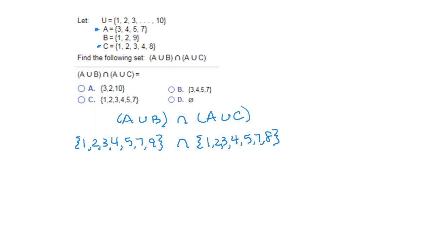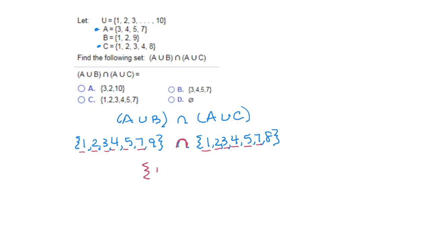So lastly, we want to do the intersection of these two sets. Intersection describes what is in common. So just by looking, I can see they both have a 1, 2, 3, 4, 5, and a 7 in common. 1, 2, 3, 4, 5, 7.